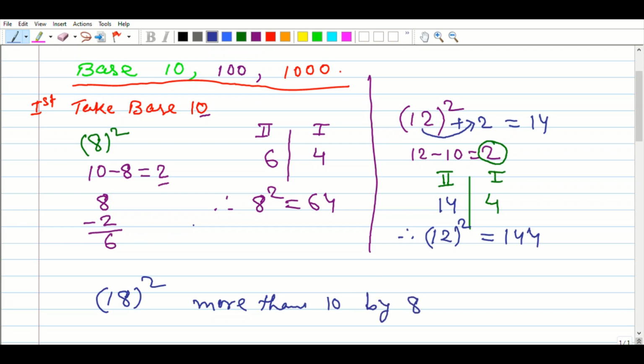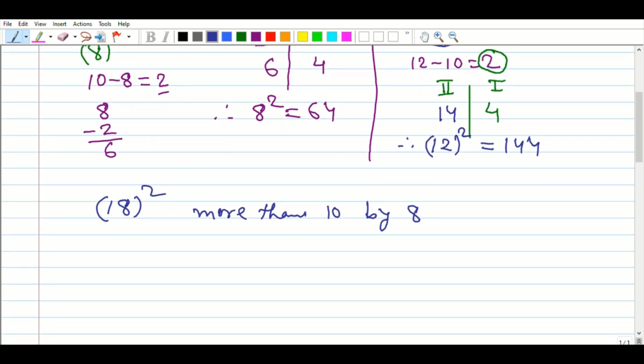Is it clear? And our condition is here, only one digit we will keep on the right hand side. So draw the vertical line, then 8 square equal to, you know very well, 64.